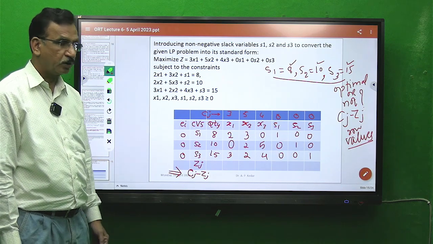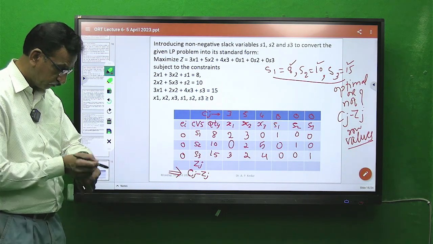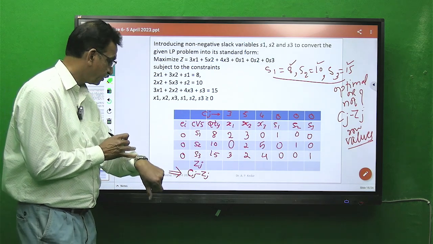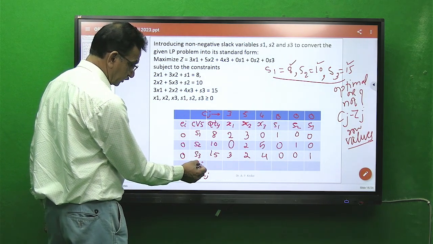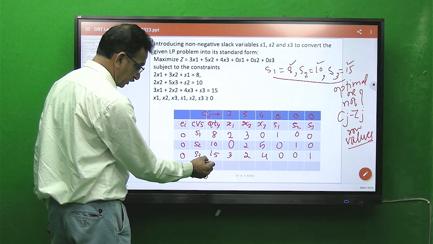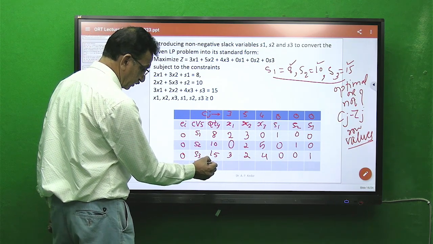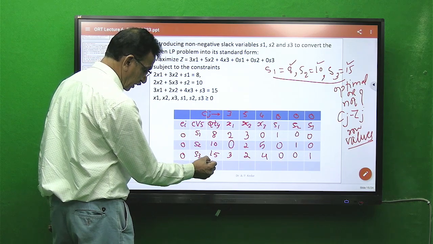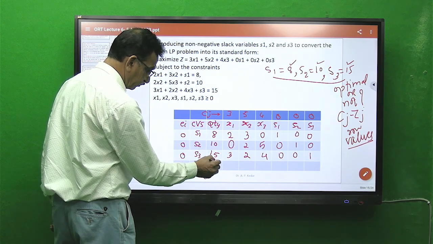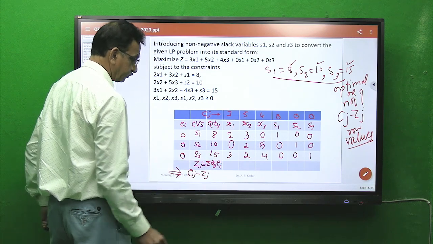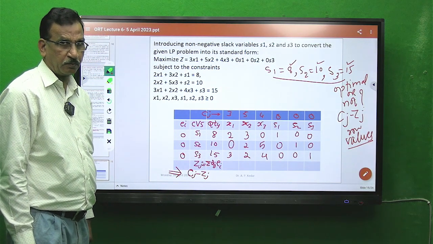I will explain how to find these values for a few cases. Here, if you recall, this Zj is nothing but the summation of Aij into EI. How you are getting that, I will explain.